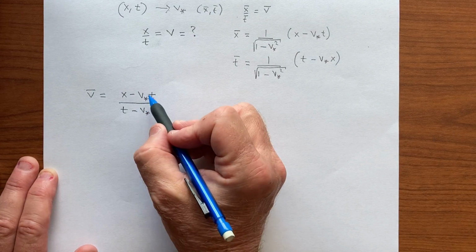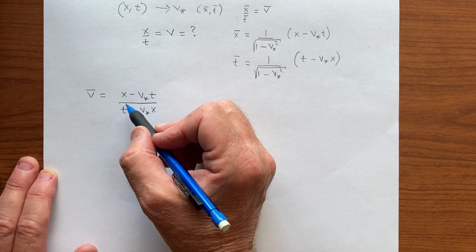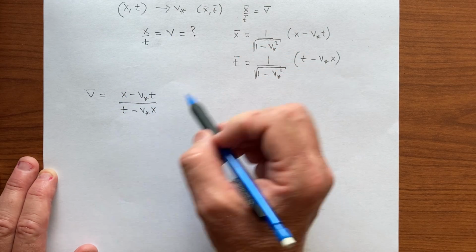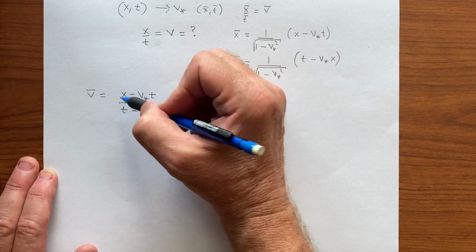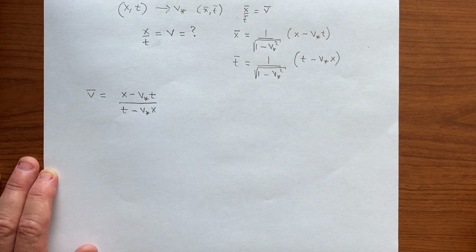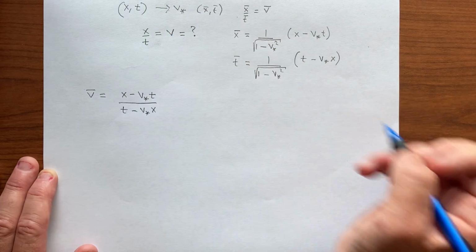And we need to turn this into an object that has this quantity, right, x over t. And so we see that we can get two v's in here, and everything else will be known, and we'll be able to solve for that v.